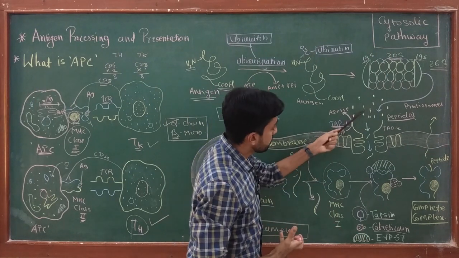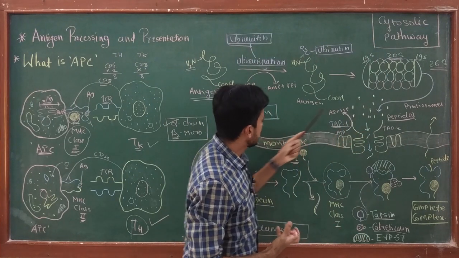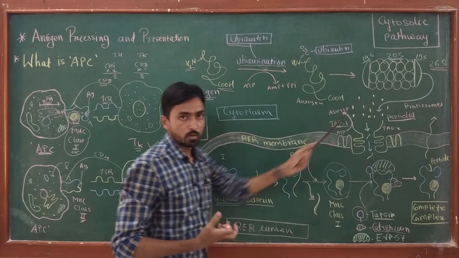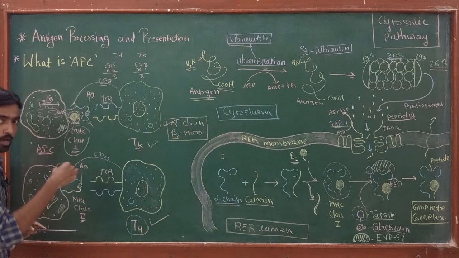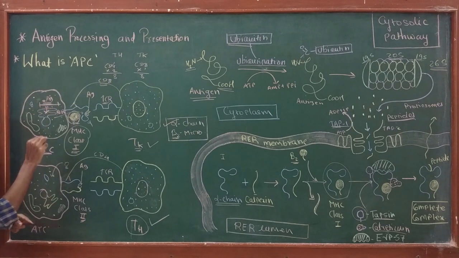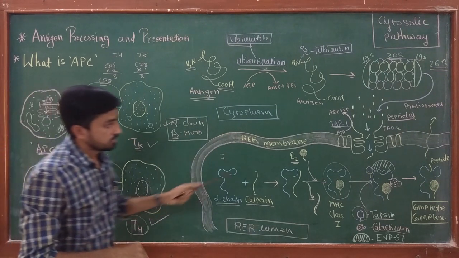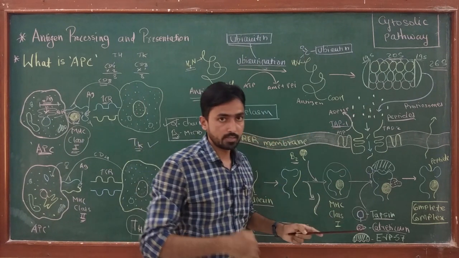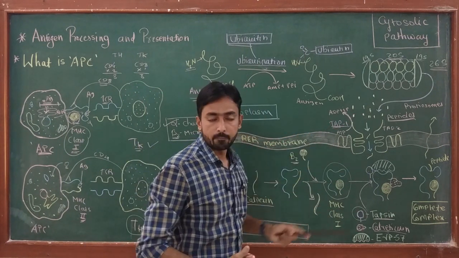But till now the antigenic peptides are present in the cytoplasm. Now someone has to transfer the antigenic peptide from the cytoplasm into the endoplasmic reticulum, and this transfer is facilitated by the TAP protein.